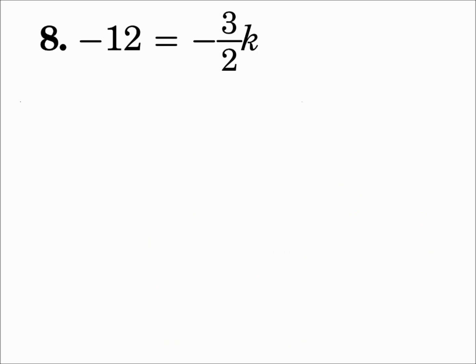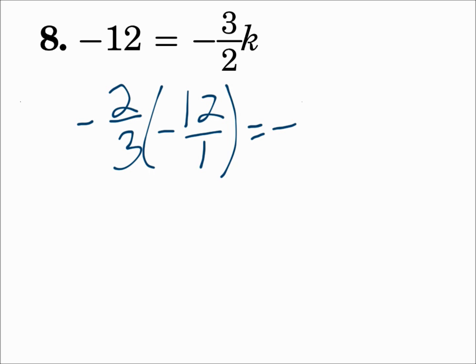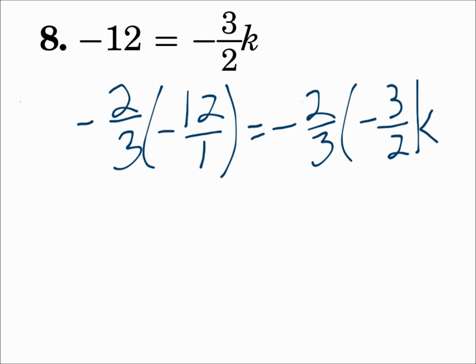Number 8. Negative 12 equals negative 3/2 k. Well, since I have a fraction times the variable, multiply both sides by the reciprocal. So multiply both sides by negative 2/3. And you can put the negative 12 over 1 if it'll help you multiply. You can reduce on the left. 3 and 12 are both divisible by 3. 3 becomes 1 and 12 becomes 4.